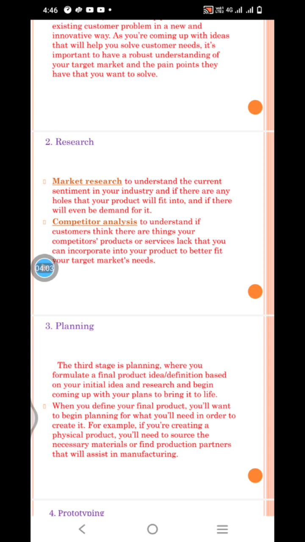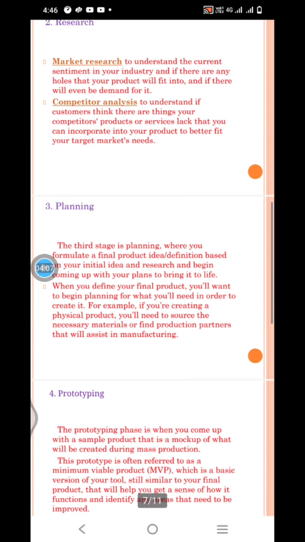The third stage is planning, where you formulate your final product idea definition based on your initial idea and research, and begin coming up with your plans to bring it to life.